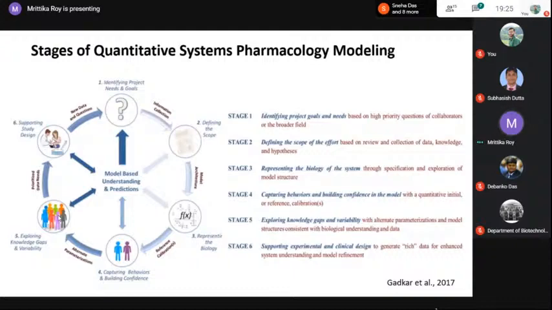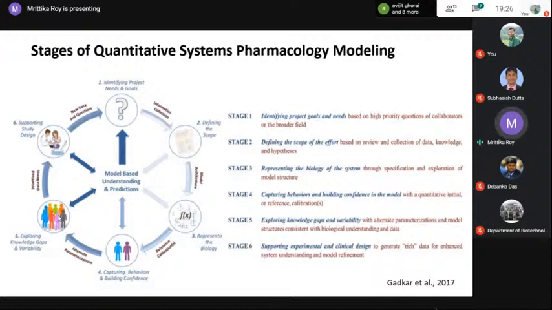by QSP. There can be other questions also, beyond efficacy and adverse events. Sometimes our clients already have clinical trial result data, and they ask us to interpret why we are seeing those results.